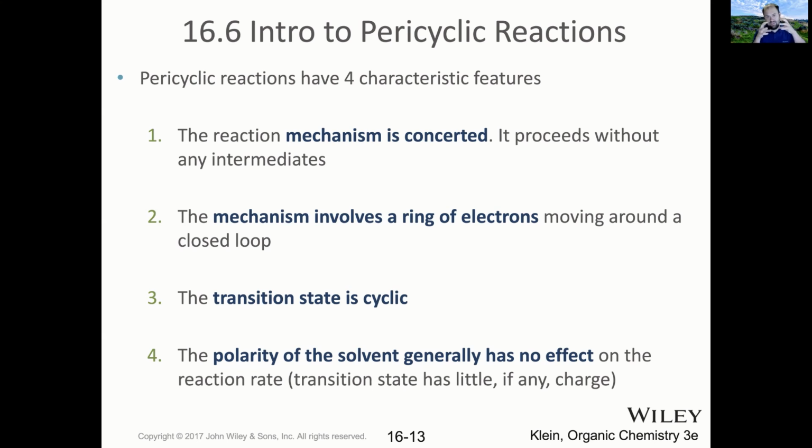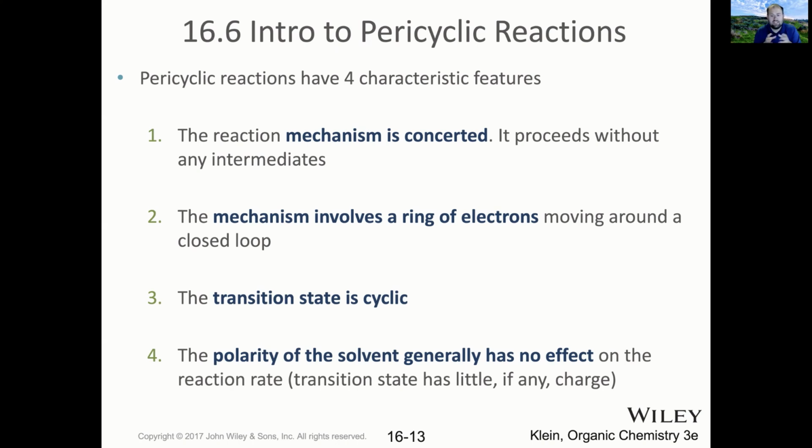So this cyclic rearrangement leads to a cyclic transition state as the movement of the electrons occurs from reactants to product or products. And then lastly, the polarity of the solvent generally has no effect, whether it's aprotic, protic, polar, or nonpolar. It has no effect on the reaction rate.